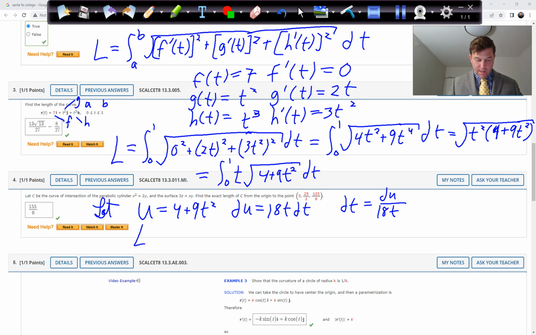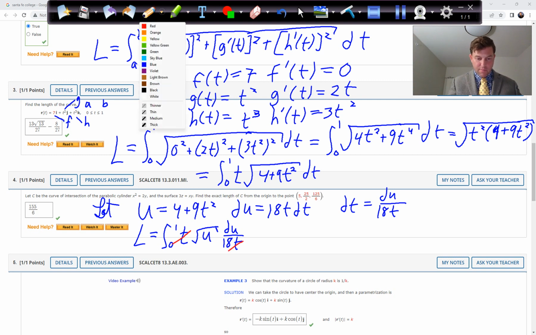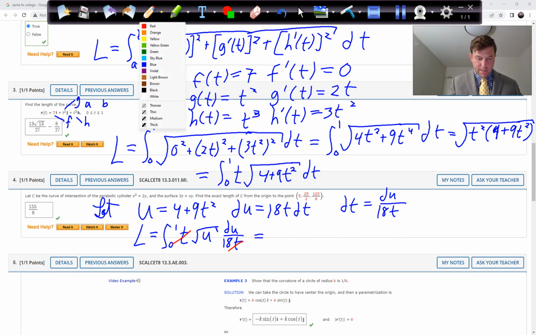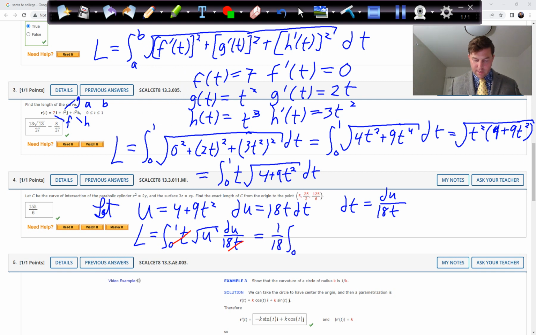And we plug all that back in, and we're going to get t times the square root of u times dt, but dt is really du over 18t. And these t's will cancel, one on top, one on bottom. And this 18 I can pull out front. Oops. It's 1 over 18, not 18, because this is in the bottom. So 1 over 18, antiderivative 0 to 1, u to the 1/2 du.